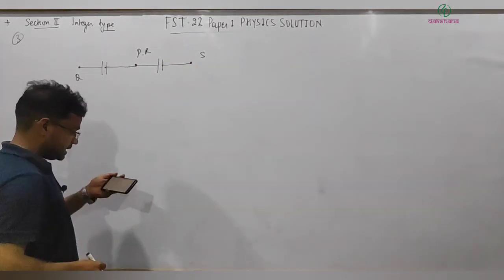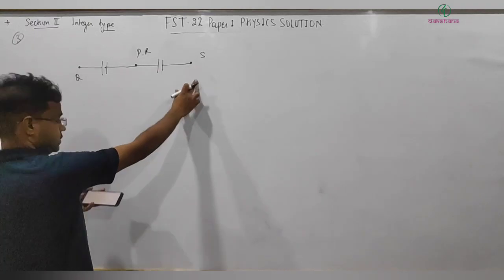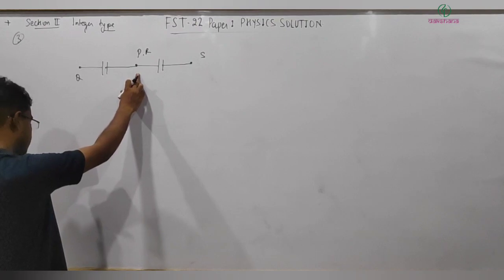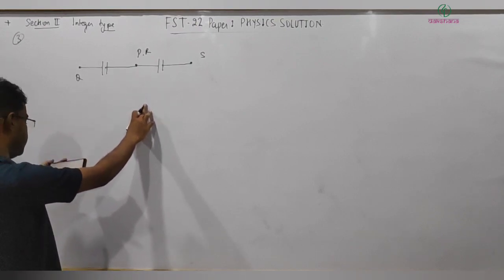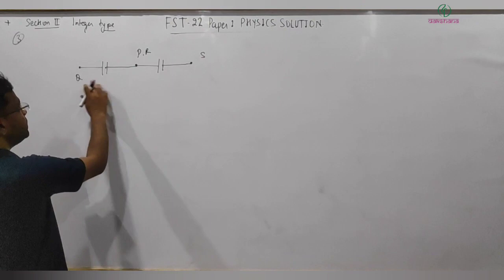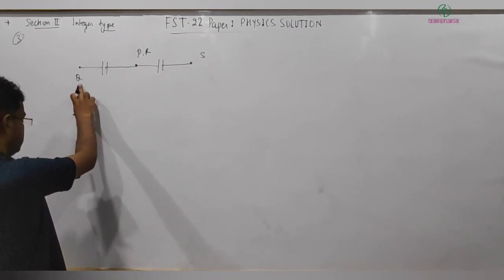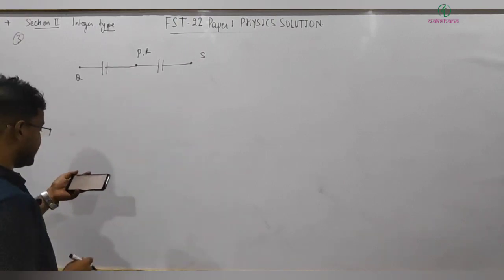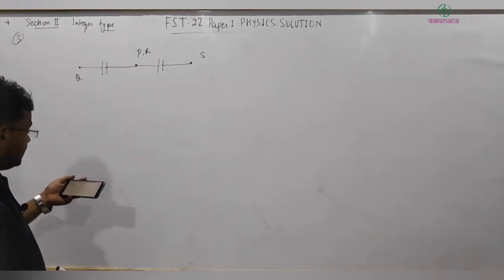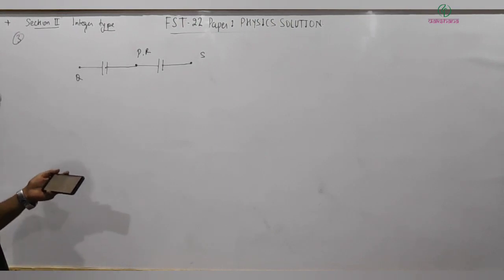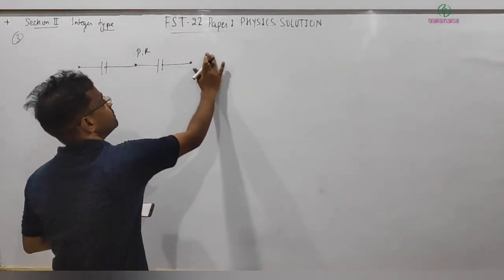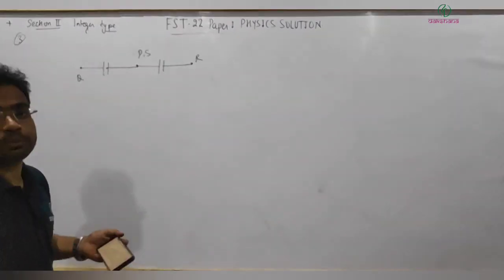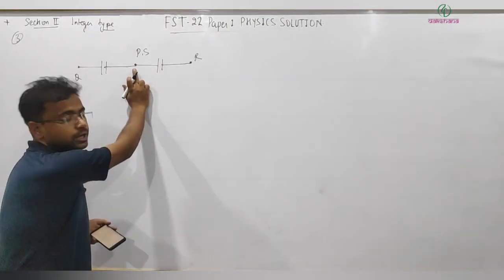Between P and S there is nothing. Just one thing, because I am connecting this, this is R and this is P and S, because P and S are both at the same potential, that's why I can connect both at the same points.